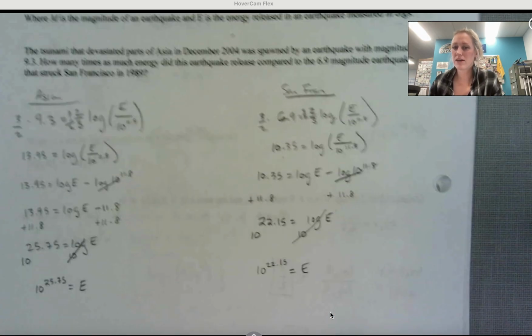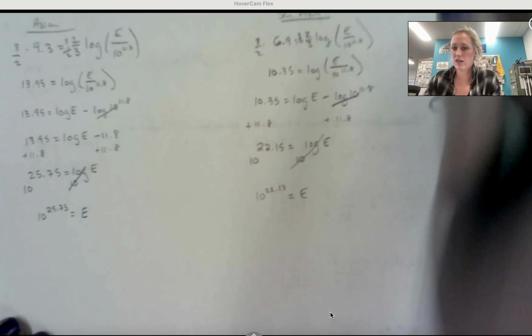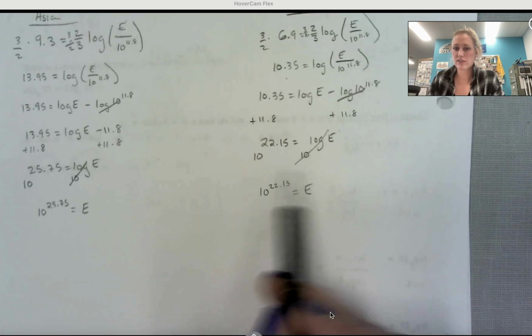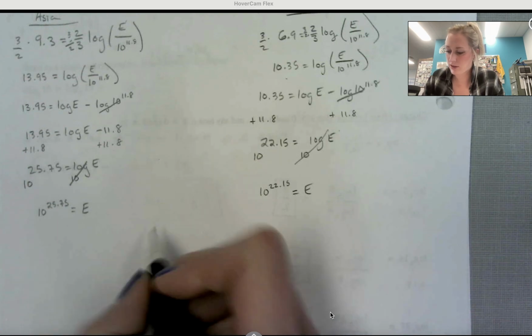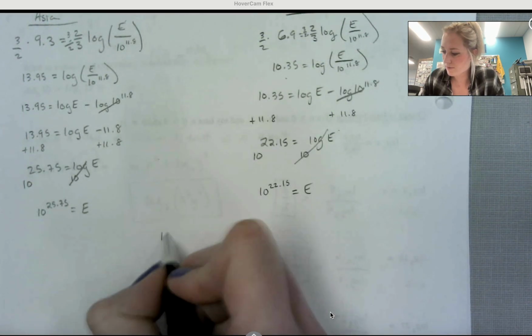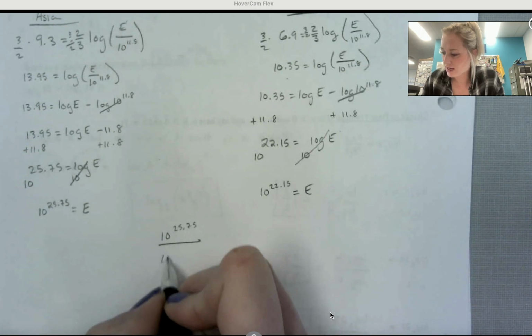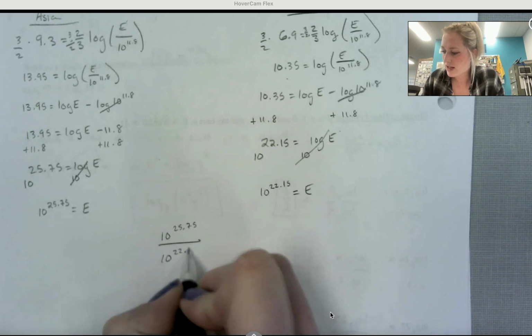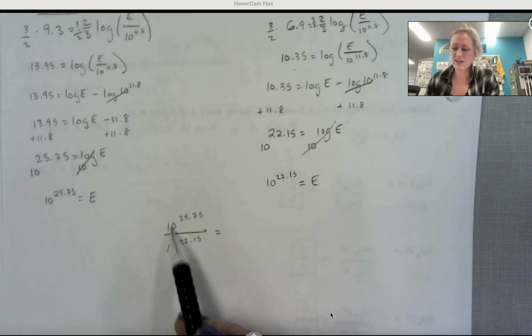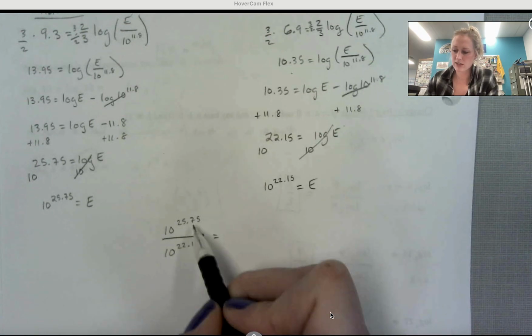So they asked how many times more energy the Asia earthquake released than the San Francisco earthquake. To answer that question, we're going to divide them. So we've got 10 to the 25.75 divided by 10 to the 22.15. I'm writing it like this, leaving it as an exponent, because I can use my exponent rules and subtract.